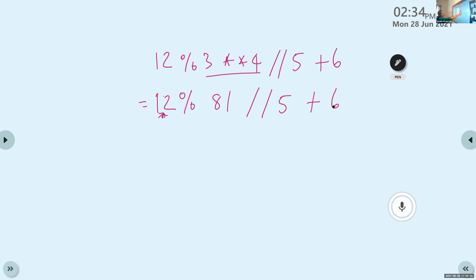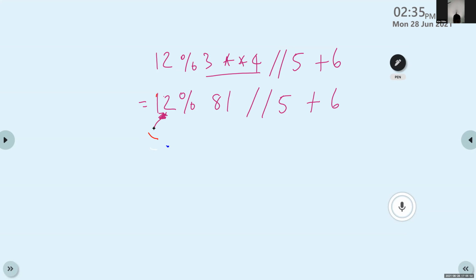From this statement, modulo and floor division have the same precedence, isn't it, Alan Shibu? Yes. Then which operator is calculated first?